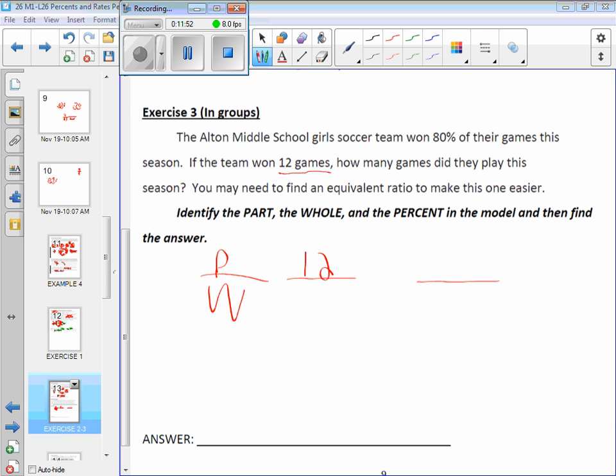Yep. Sounds good. And what are they then asking you to find? How many games did they play this season? Is that the part or the whole? That's the whole. Okay, make a box for the whole. That's the unknown. Okay. And then we know 80%. Okay. 80 over 100. Everyone have this set up? So don't go too far. You're tethered to me here.